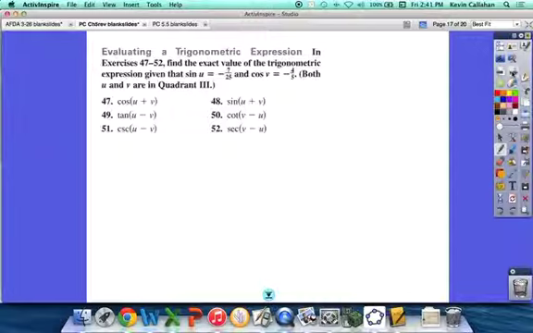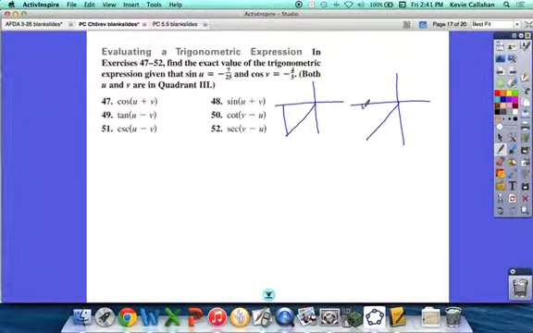Let's set up our triangles. We're in quadrant 3 for both. So make sure when you're drawing triangles that the terminal side starts at the origin and goes out into the quadrant in question. And then you make a right triangle, right? And that the angle is with the x-axis. So u is here, v is here.